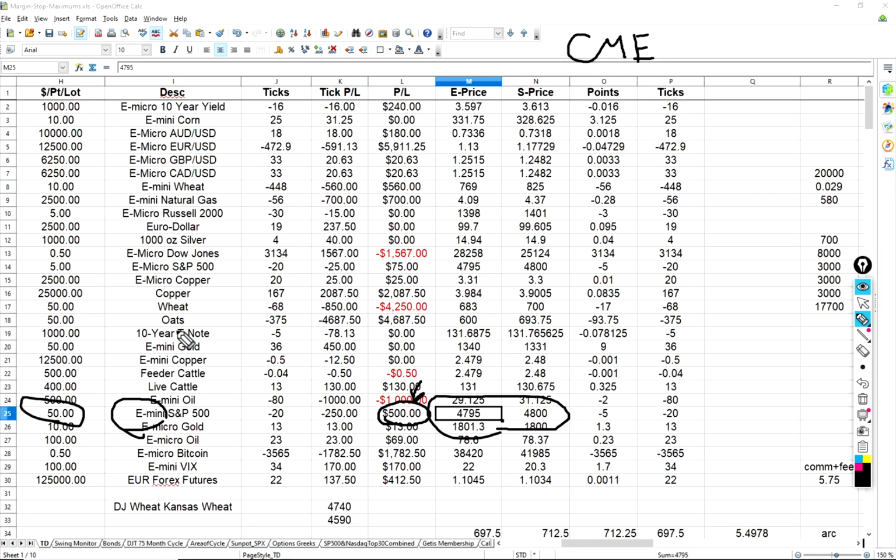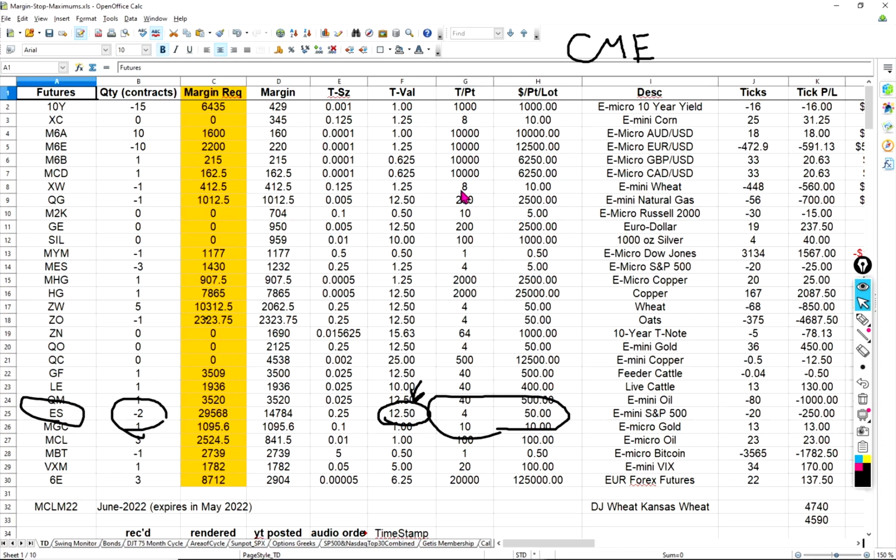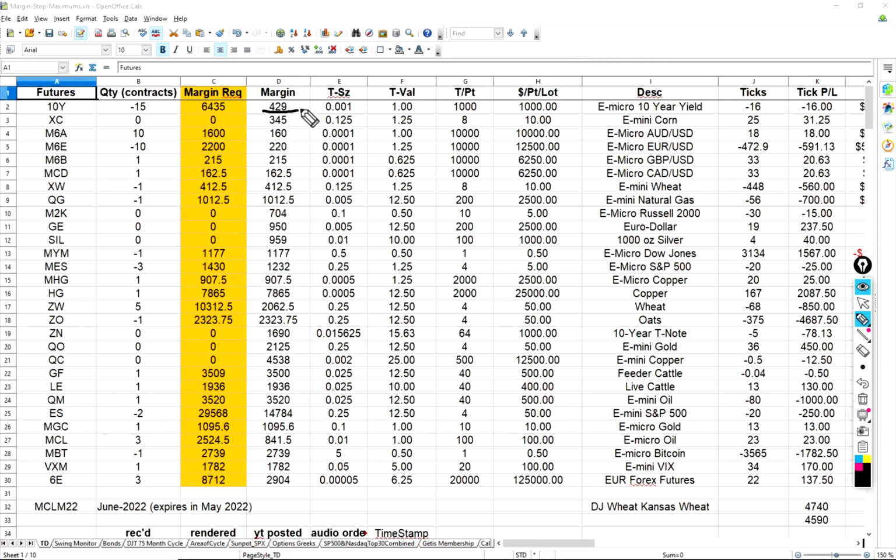And whatever broker you have, you've got to figure out what they're going to charge. It's called margin required, or initial margin. This is normally called initial margin for one contract. Here I just call it margin, but it's initial margin.